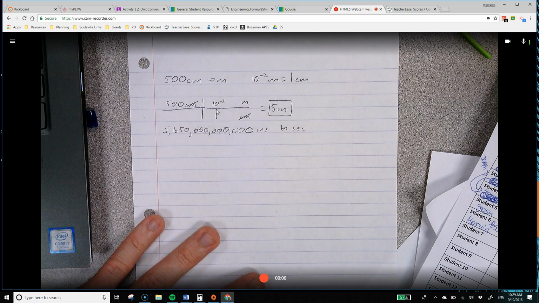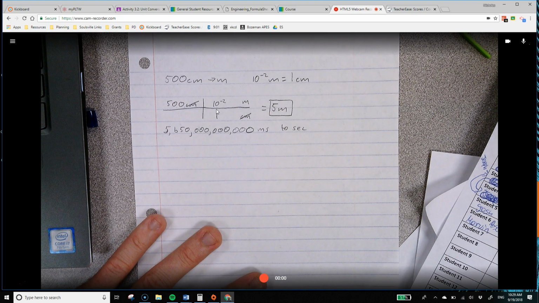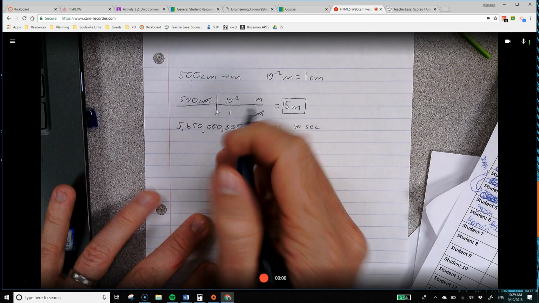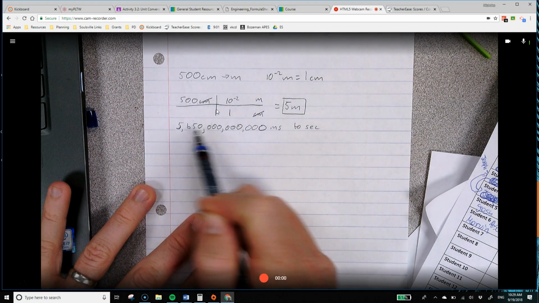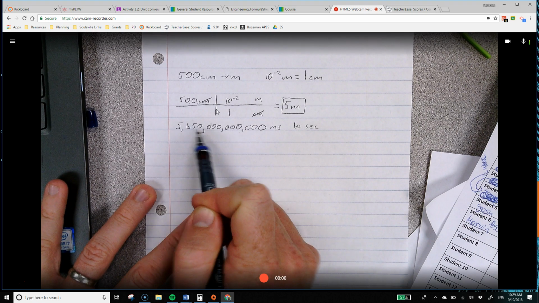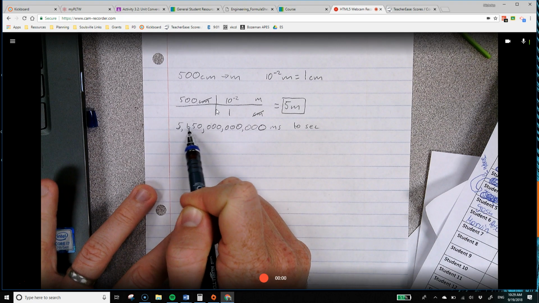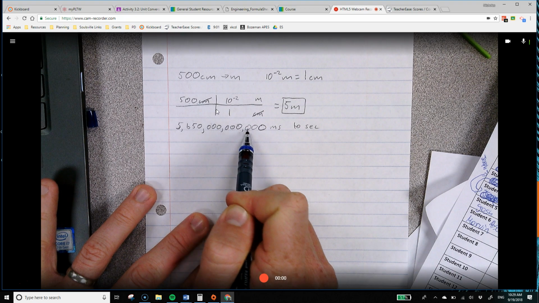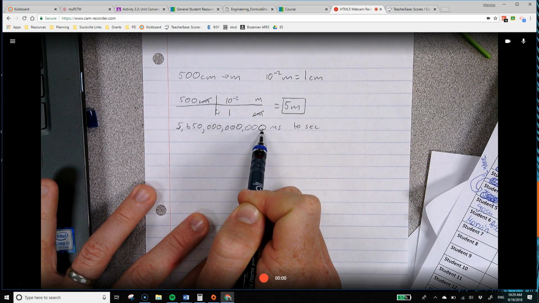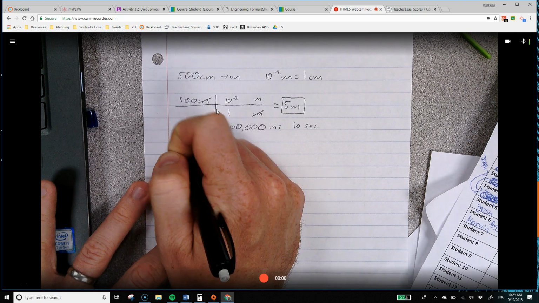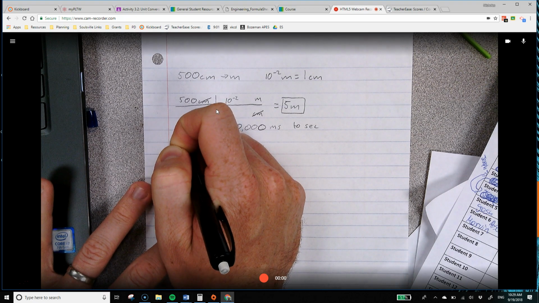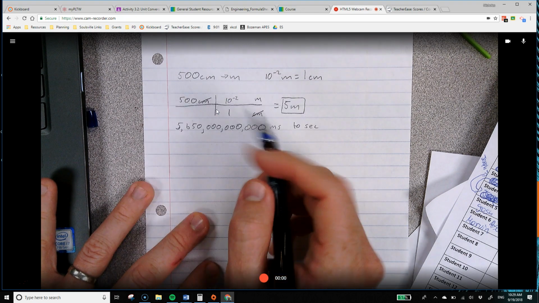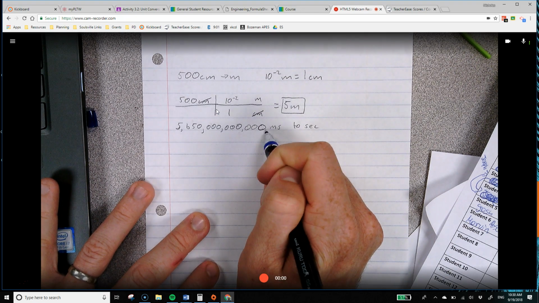And so first, I want to convert this to scientific notation. And so what this is, I'm just going to count my decimal spaces that I have here. I've got 1, 2, 3, 4, 5, 6, 7, 8, 9, 10, 11, 12. How many times am I going to move my decimal point?